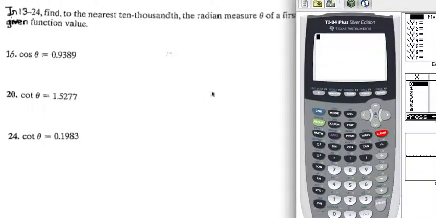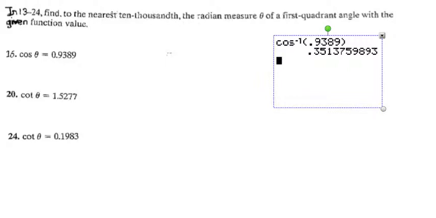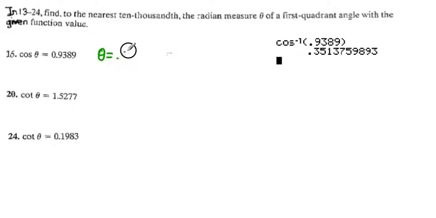In order for us to find the angle, what we need to do is press inverse cosine and plug in the values, 0.9389. Then as we can see, this will be our first value. To find it to the nearest ten-thousandth, we round it, so we end up getting theta equal to 0.3514.